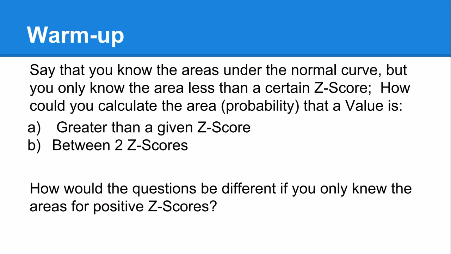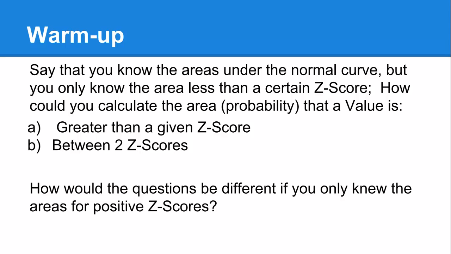How about between two Z-scores? And how would the questions be different if you only knew areas for positive Z-scores and you want to find the area for a negative Z-score? The big thing is that there's symmetry involved in the normal distribution. There's also this idea that the areas add to 1.